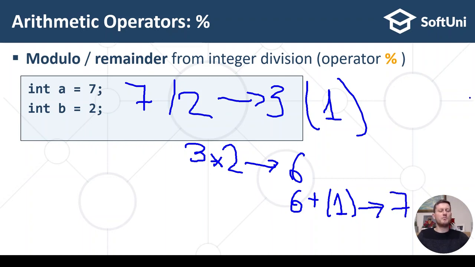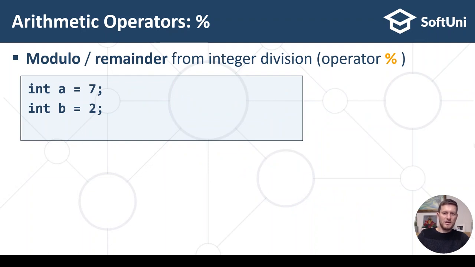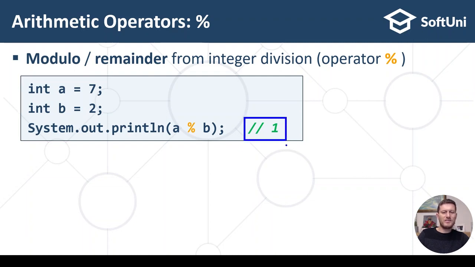So this is how modulo works in mathematics, in integral computations. So the modulo here is 1. This is the remainder from the division.